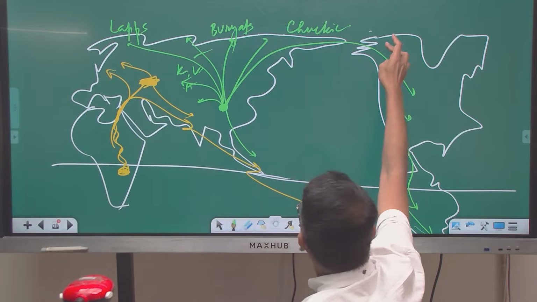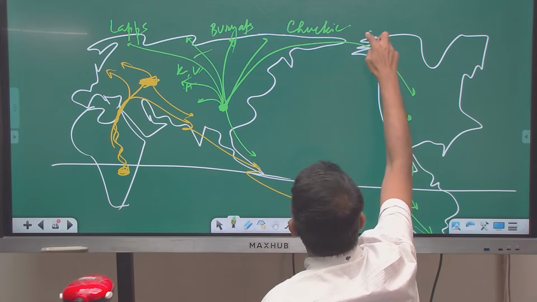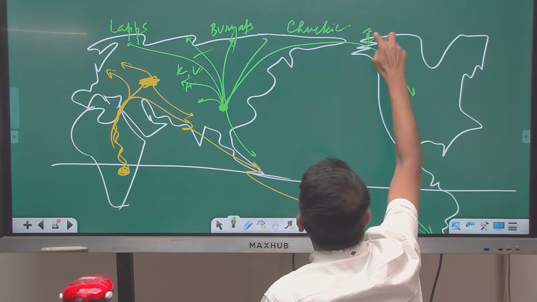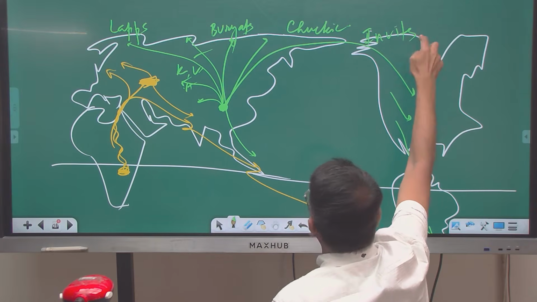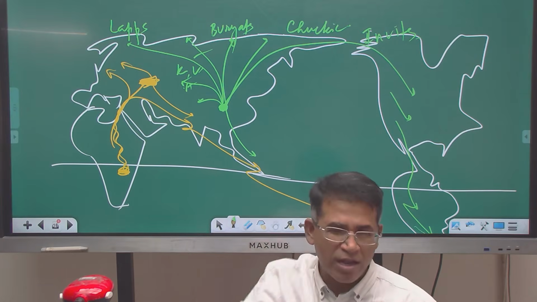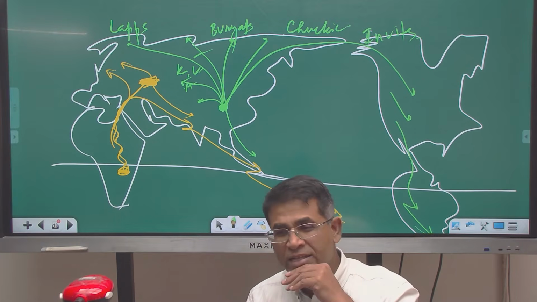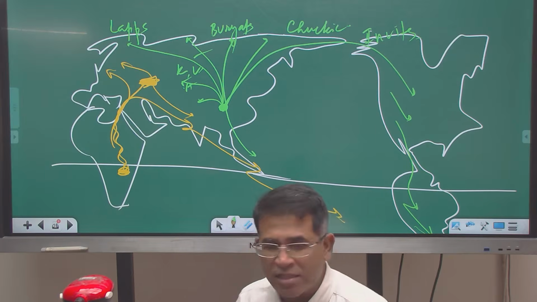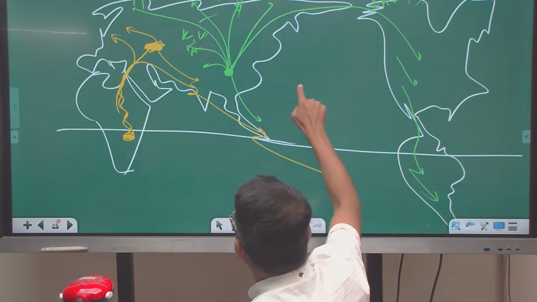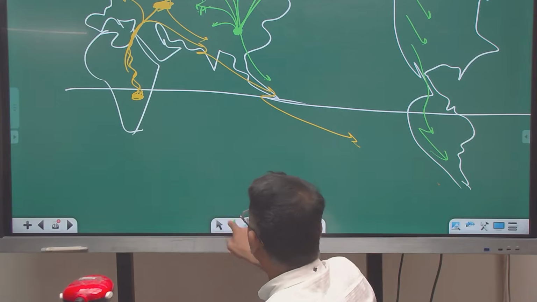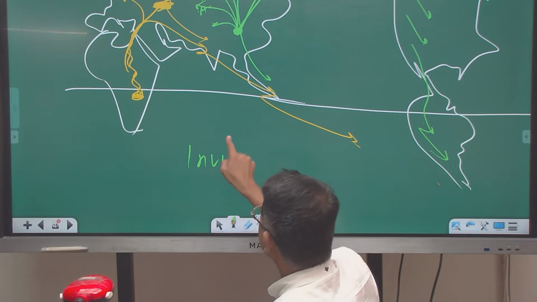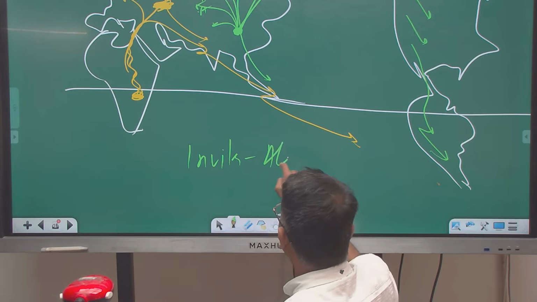So in Alaska, the people who live here are who? They are Inuits. Write it within brackets. What are the populations which are the tribal or indigenous populations of the tundra regions? We have Inuits of Alaska.